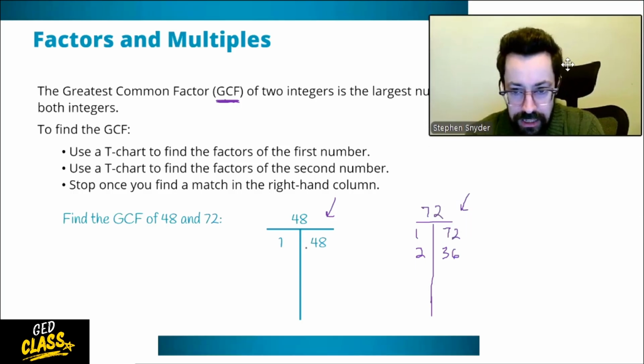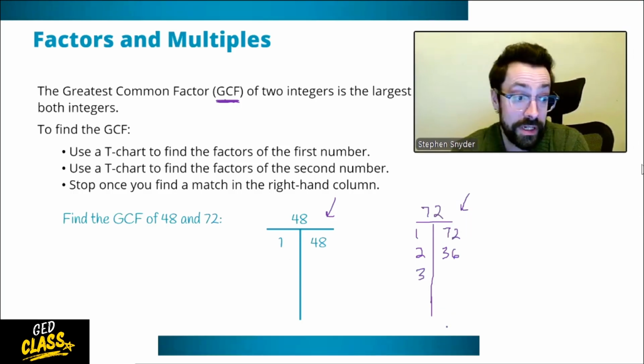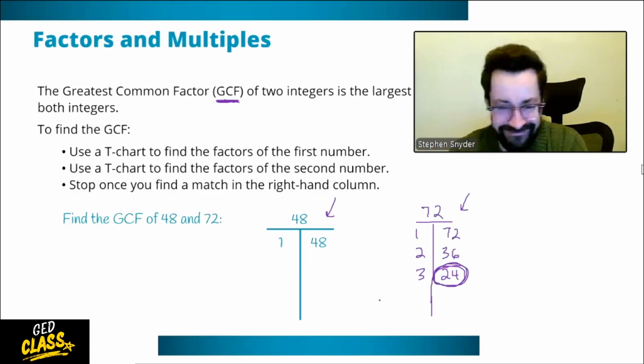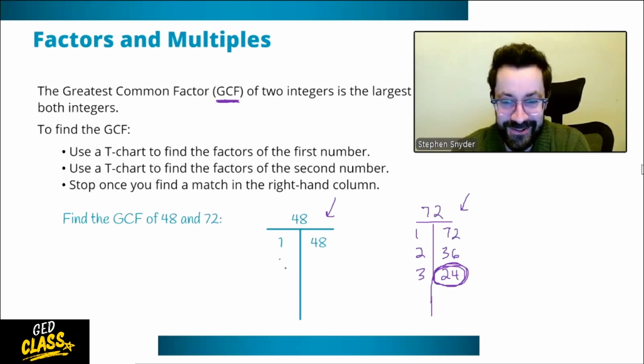Let's continue with 72. How many times does 3 go into 72? We got 24. Now I could keep going, but I'm looking at this and thinking, how many times does 2 go into 48?